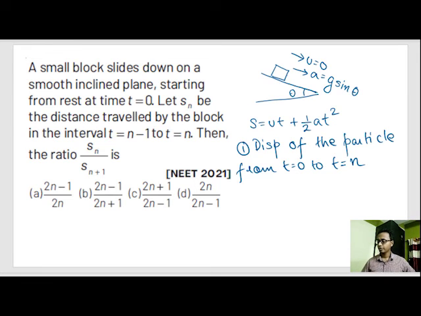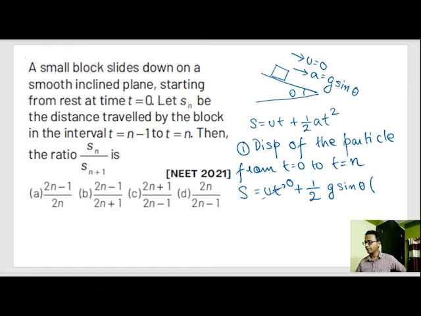So s from 0 to n is equal to ut, and ut is nothing but 0, because the initial velocity is 0, plus half at square. A is nothing but g sine theta, and n is nothing but the time, so t square is nothing but n square.